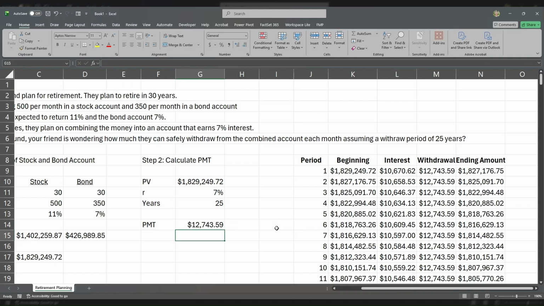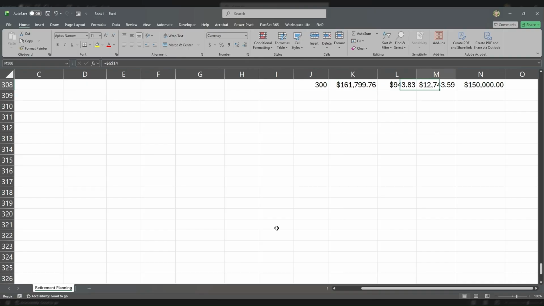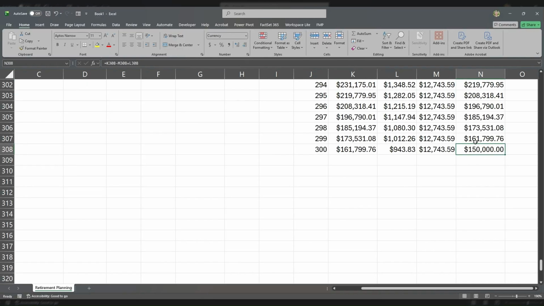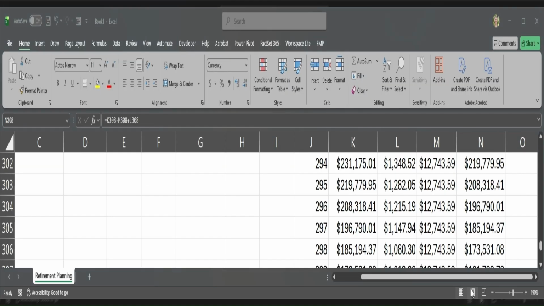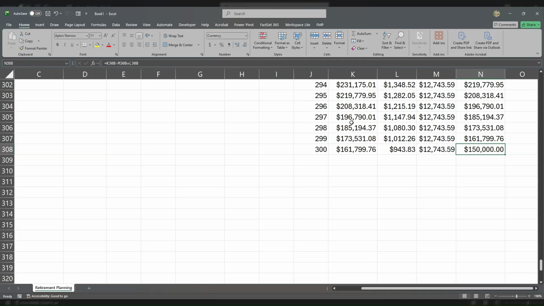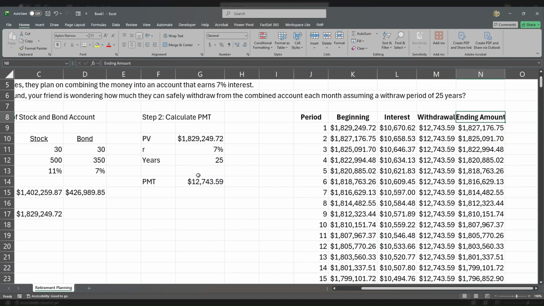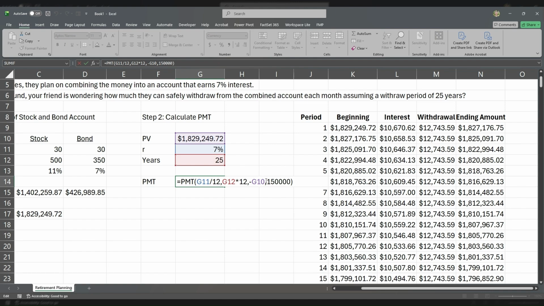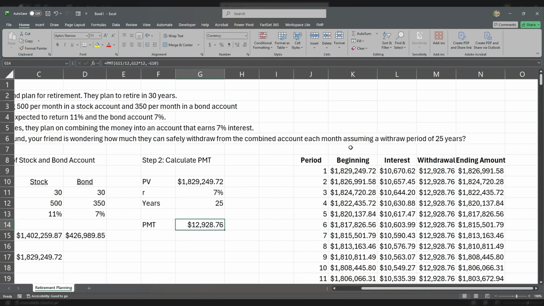We could put that into our FV calculation here, and then they would have $150,000 left over at the very, very end. But that wasn't part of the problem, so I'm going to take that off. I just wanted to introduce that as a concept for your own planning later on.